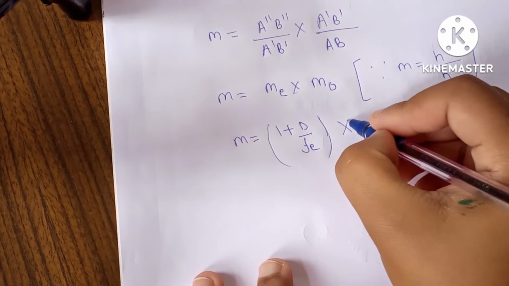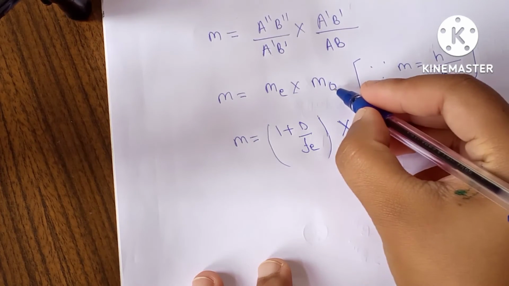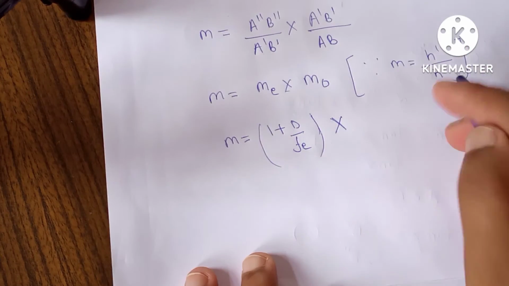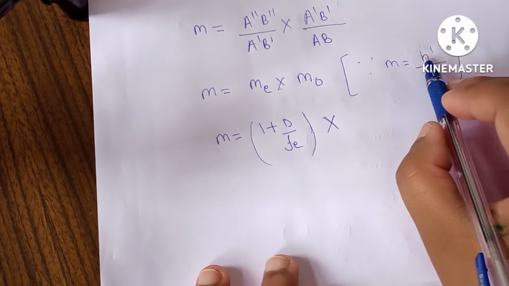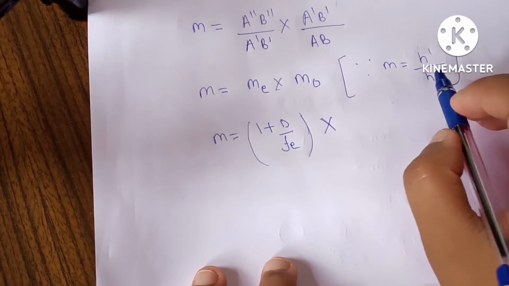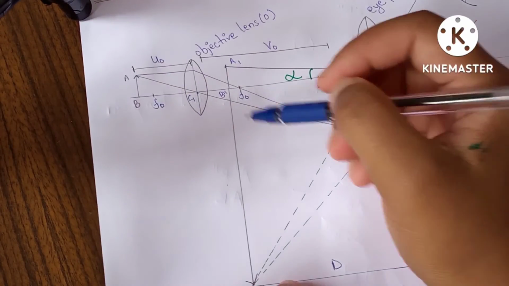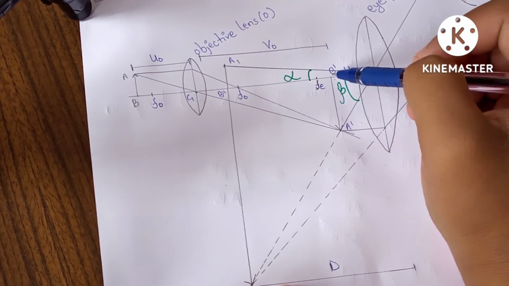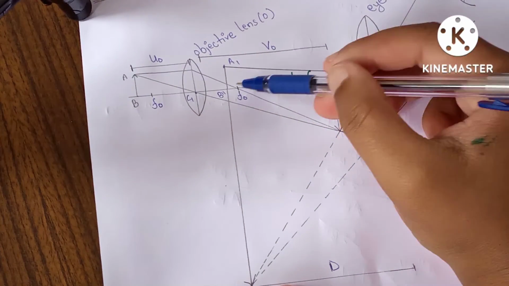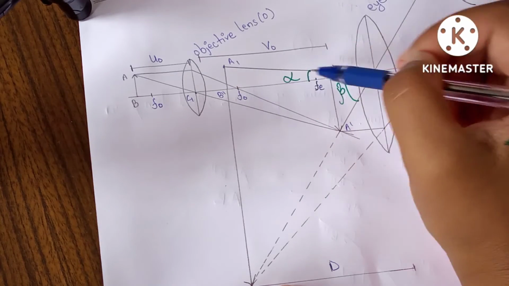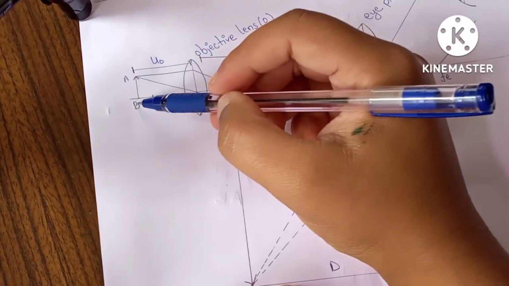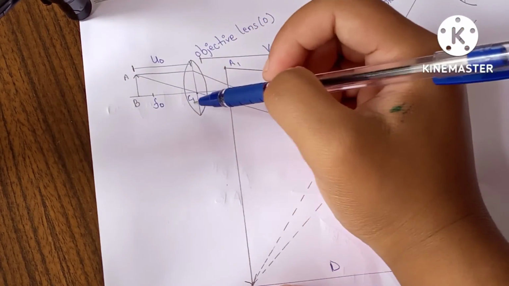We have already calculated that in our previous classes. And the magnification of the objective lens, I have already told you that magnification equals height of image to the height of object. So this is the image distance for the objective lens, and this is the object distance for the objective lens.